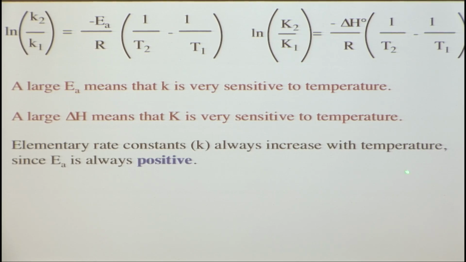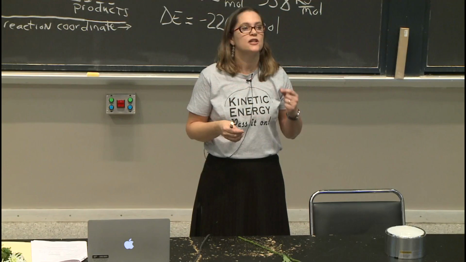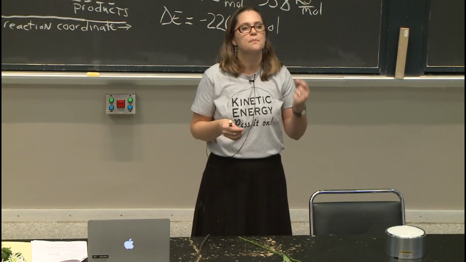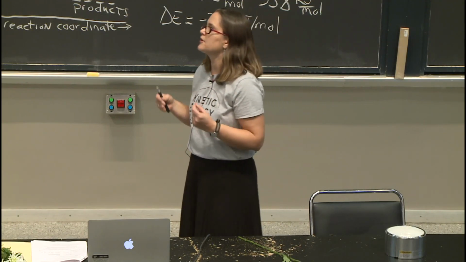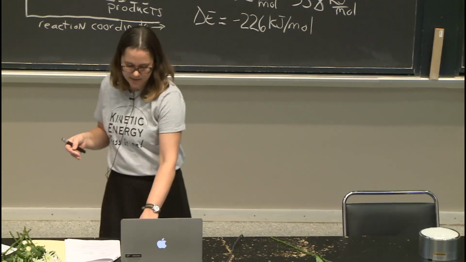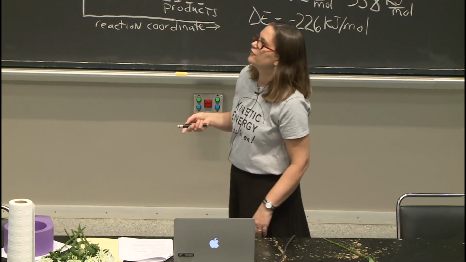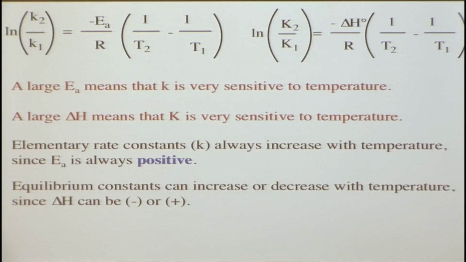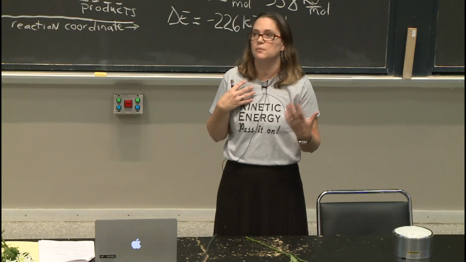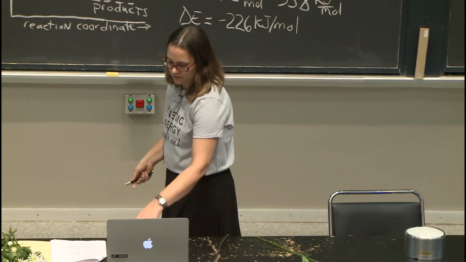For an elementary rate constant, it's always going to increase with temperature because EA is always positive. There is always a barrier to overcome. Temperature always increases a rate constant. But for an equilibrium constant, it can increase or decrease because delta H isn't always positive like the activation energy barrier. It can be positive or negative.